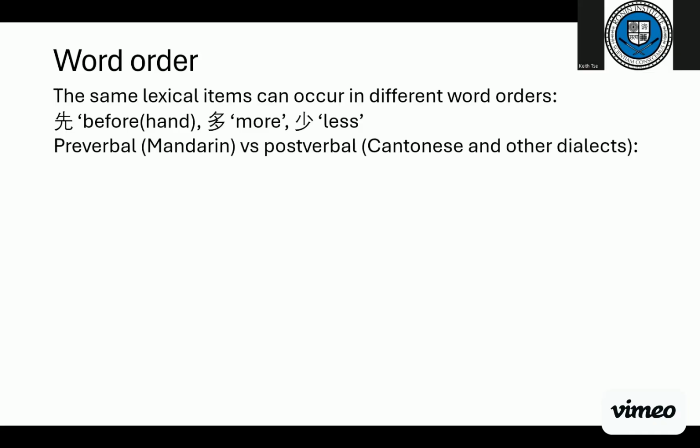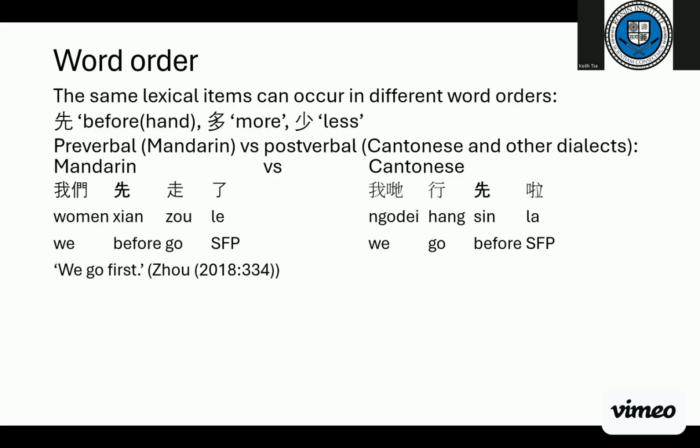The idea is that in Mandarin these tend to be pre-verbal, whereas they tend to be post-verbal in Cantonese and other dialects as well. So for example, a very famous example, 我们先走了. In Cantonese, it's 我哋行先啦. The 先 comes after the verb 行. We go first or we leave first.